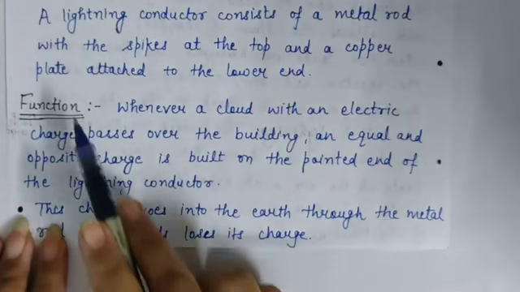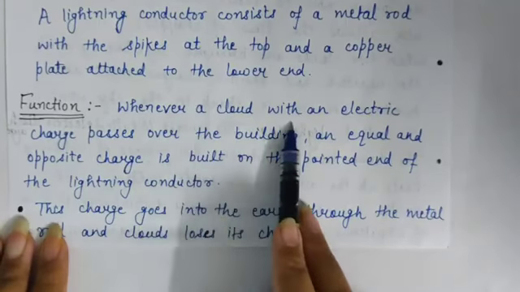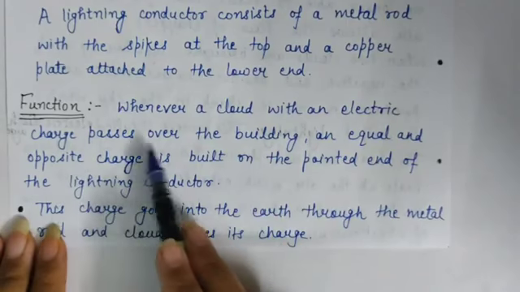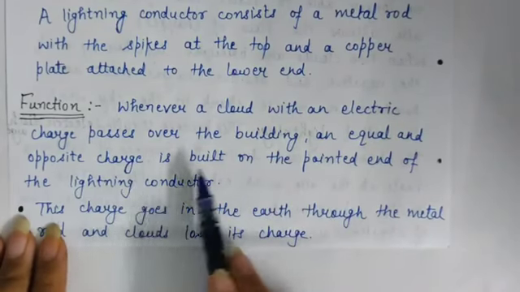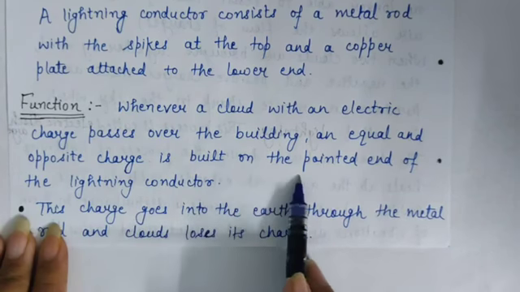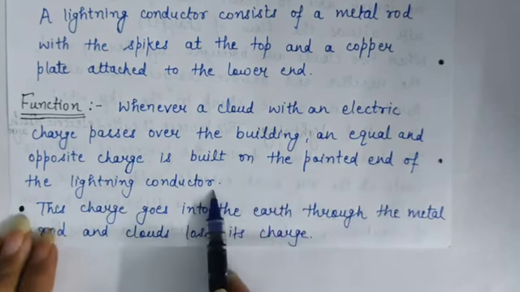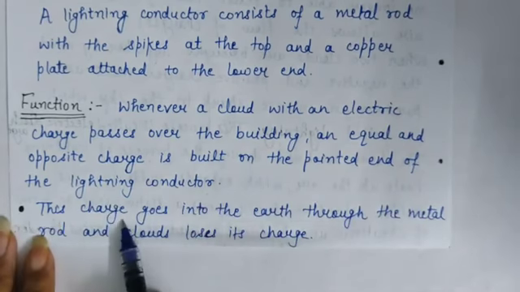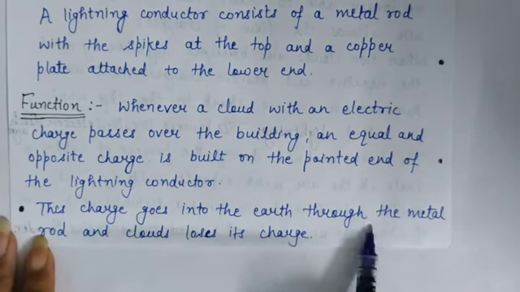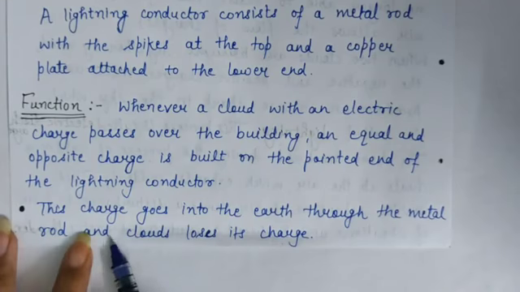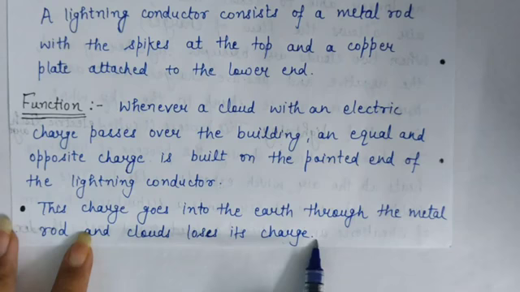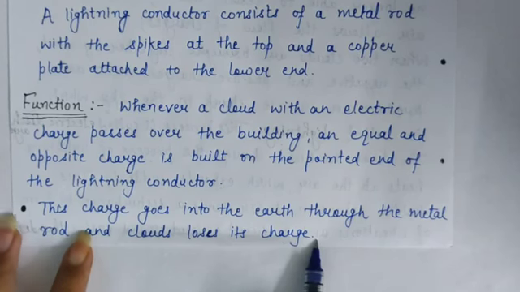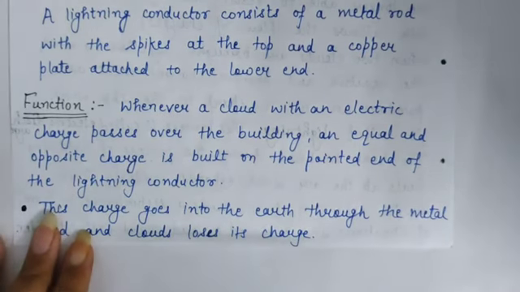Now how it works: whenever a cloud with an electric charge passes over the building, an equal and opposite charge is built up on the pointed end of the lightning conductor, and this charge goes into the earth through the metal rod, and the cloud loses its charge. So in this way, a lightning conductor protects the building from the effects of lightning.